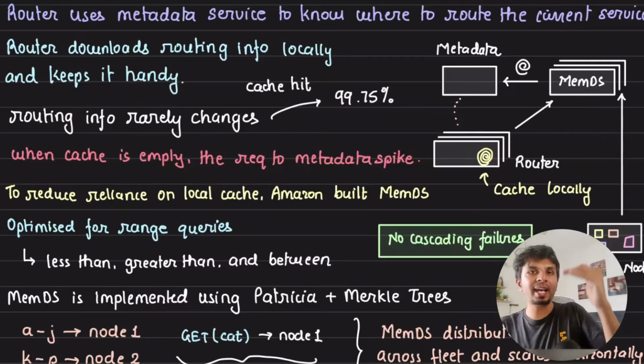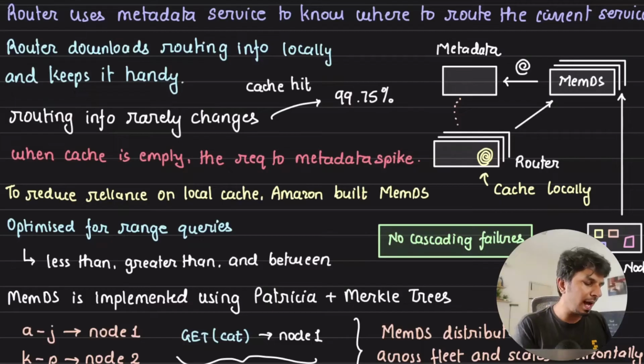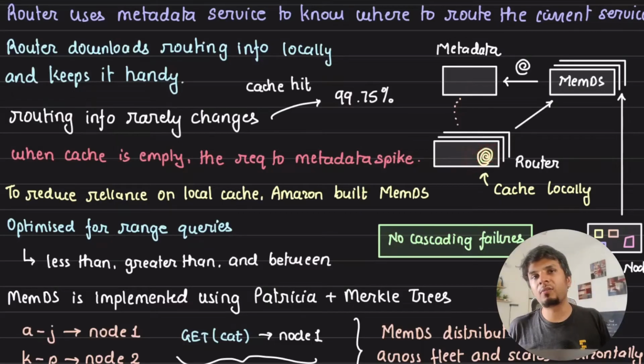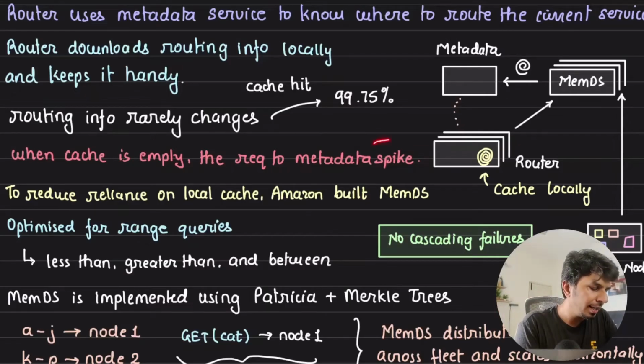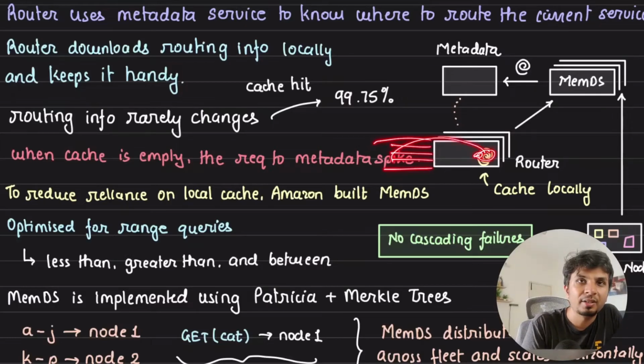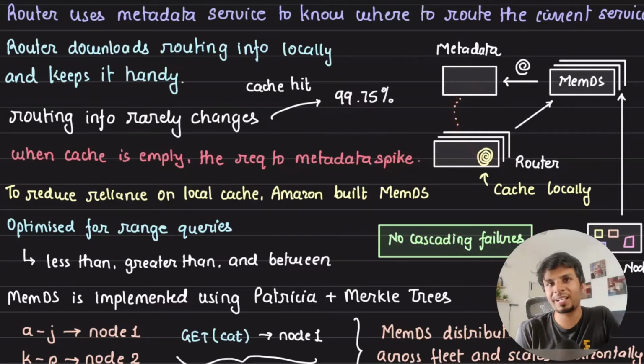Now because you see a very high cache hit ratio, what would happen if this invalidates? What would happen if, let's say, my router service restarted all the nodes all of a sudden? The incoming request would come to this router, and the router would not have anything cached. What's the fallback? They would all call the metadata service to get the response.